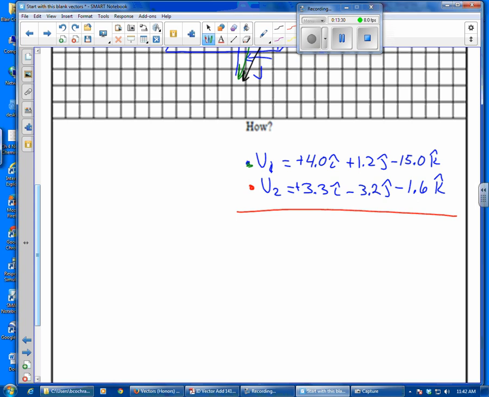Here is v1 plus v2: 7.3i minus 2.0j minus 16.6k. I just add the components. That's the components of my answer, so that's what I'm going to type in on here.